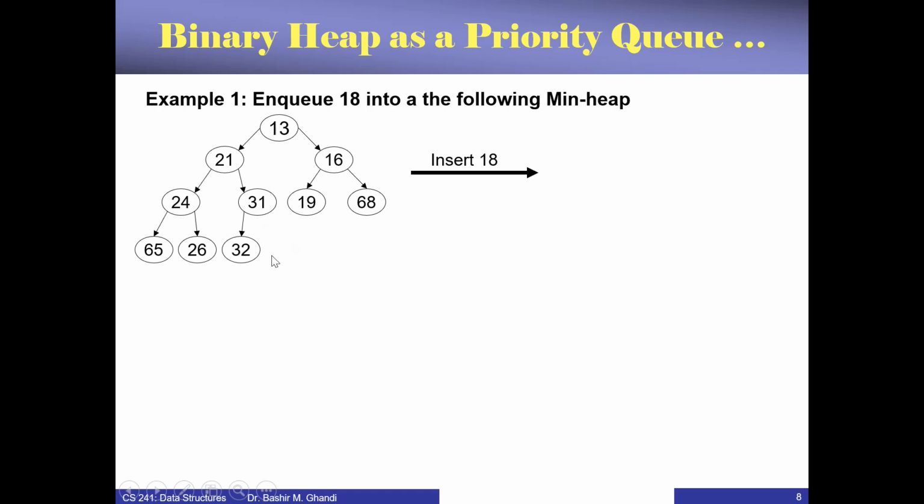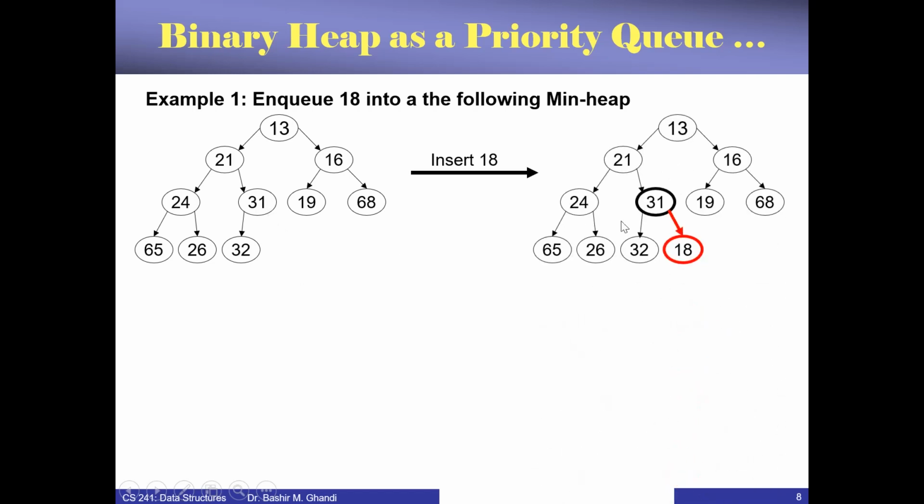This is the only place we can put a new element. If you put it to the left of 19 or anywhere else, the tree will no longer be complete, and that will violate property number 1. So the only place we can put 18 is here, to the right of 31.